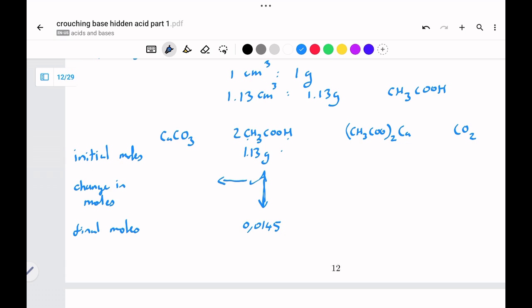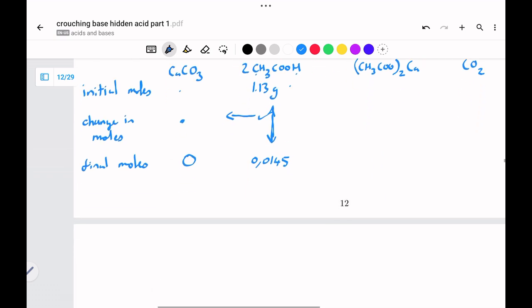I can use the mole ratio here, get this figure. I know that the acid was in excess, so calcium carbonate is the limiting reagent. I have nothing at the end. So if I can find the change in moles, it's numerically equal to the initial moles.